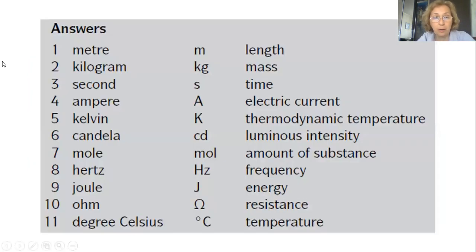Here are the correct answers. Yes, candela. This is luminous intensity. This is about light. Okay, perfect. You've just finished the baccalaureate course, the full course in physics, the university course in physics.